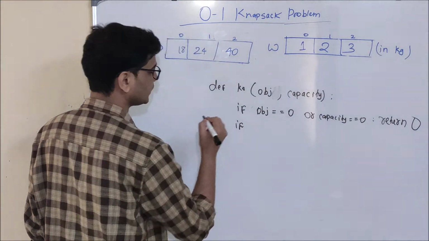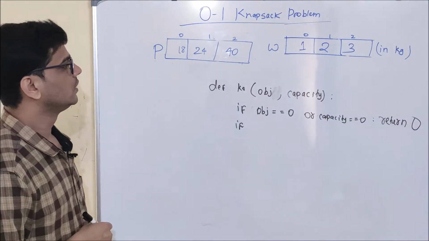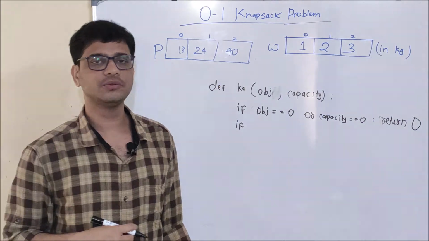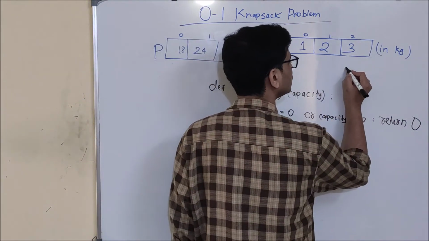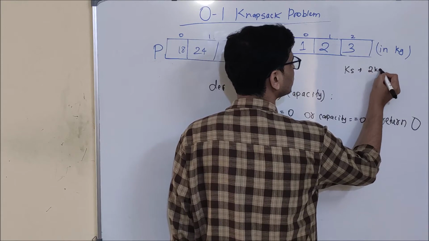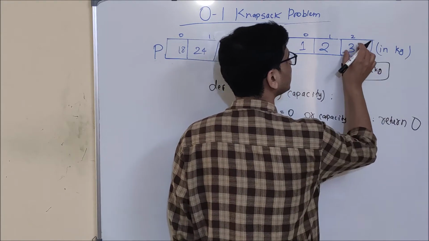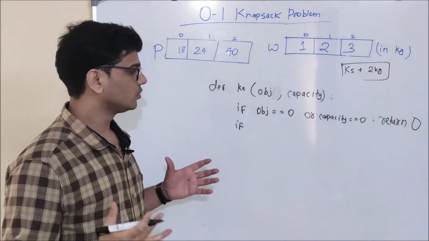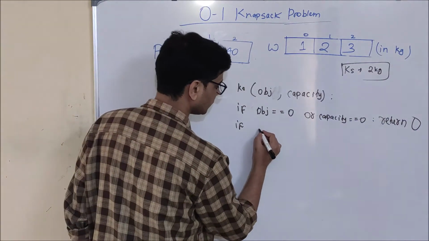Now the second case. Suppose I am considering this particular object, that is the third object having weight 3 kg, and my knapsack has a capacity of 2 kg. Can we take this particular object in my knapsack? No, we can't. So what do we need to do here? Let's see.